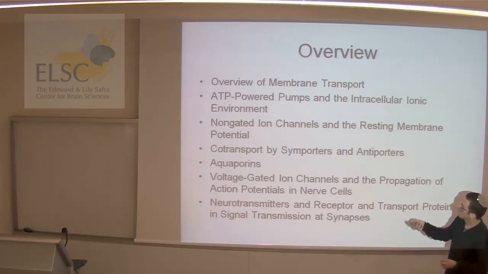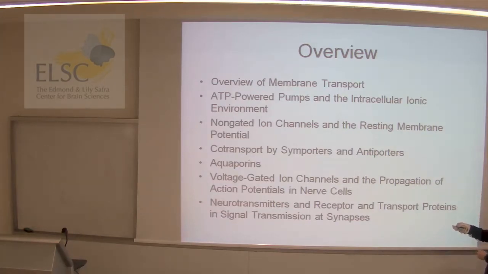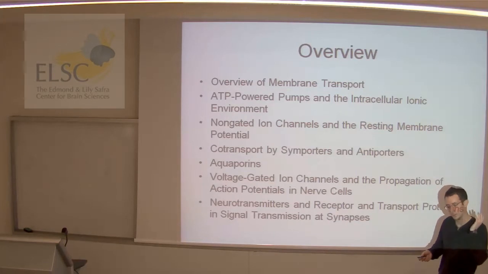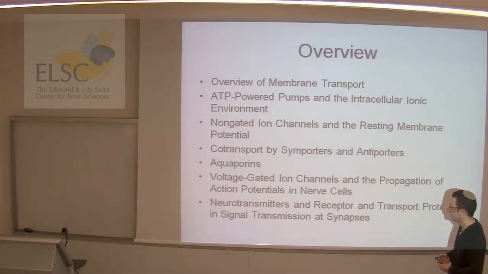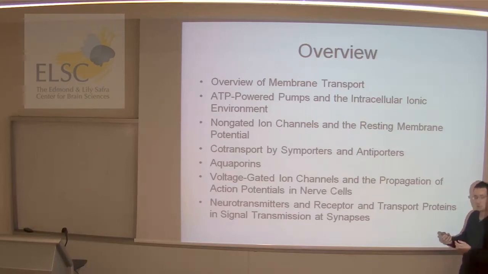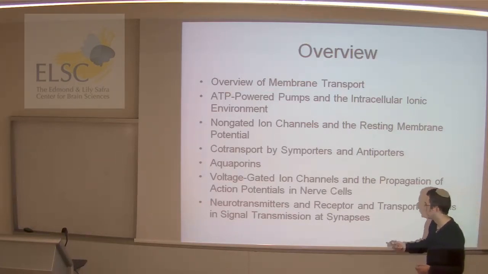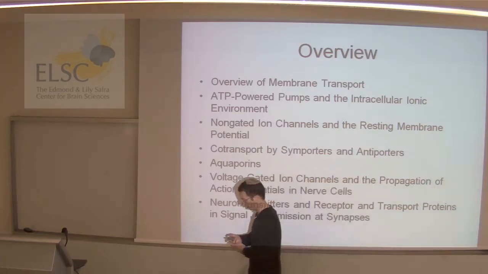We will focus in this class on the voltage-gated ion channels, and we will see that they enable propagation of action potentials along the long projections of neurons. And we will end with learning about some major components in the synapse, like neurotransmitters, synaptic receptors, and synaptic transporters.